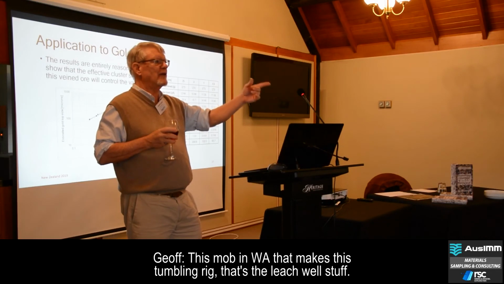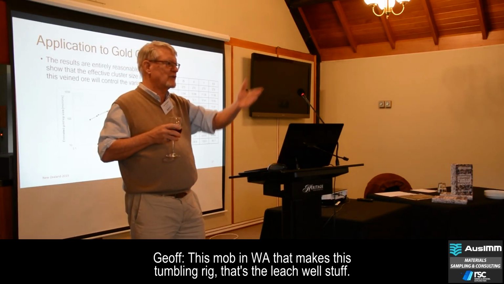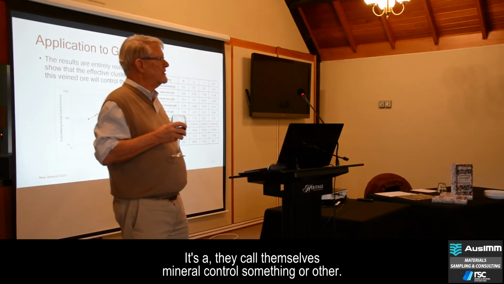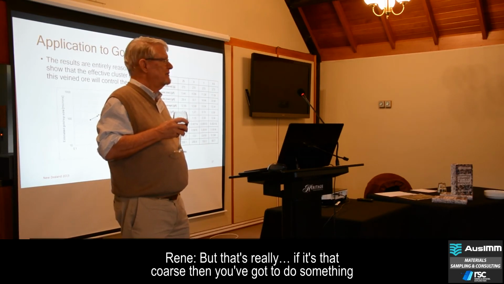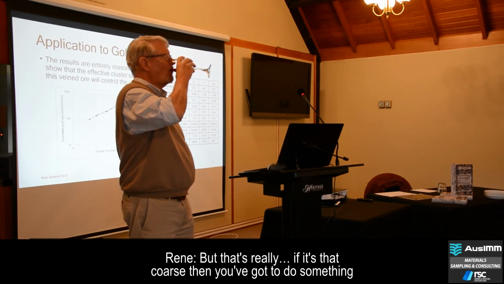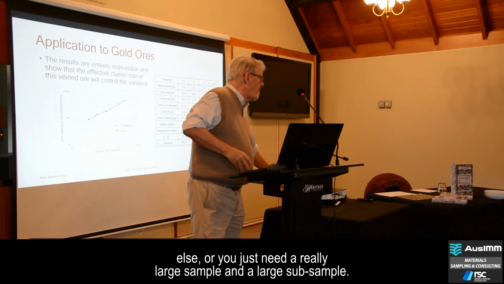This mob in WA that makes this tumbling rig, that's the Leachwell stuff. They call themselves mineral control something or other. But if it's that coarse, then you've got to do something else, or you just need a really light sample and a light subsample.